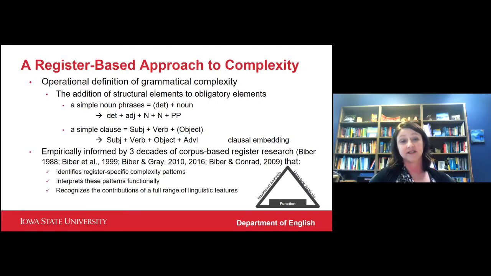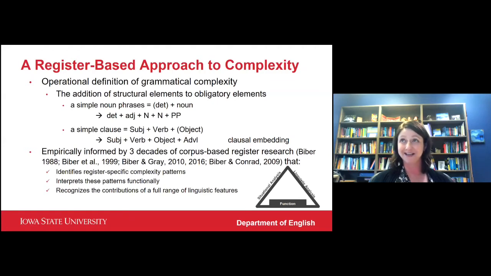Now, this approach has been informed by 3 decades of empirical corpus-based register research, and I've listed some of these here. And what this research does is identify register-specific complexity patterns. So it says which features of complexity tend to occur in particular registers.